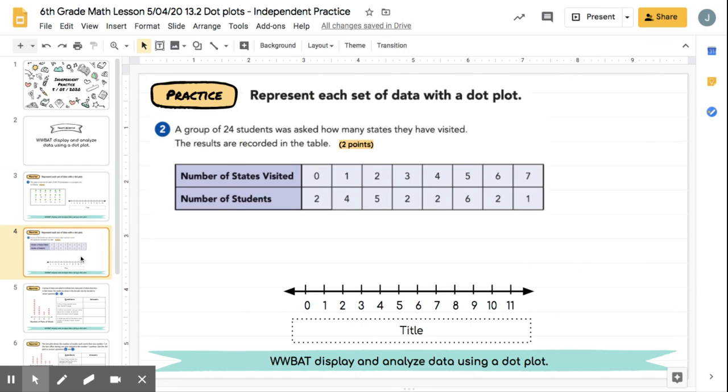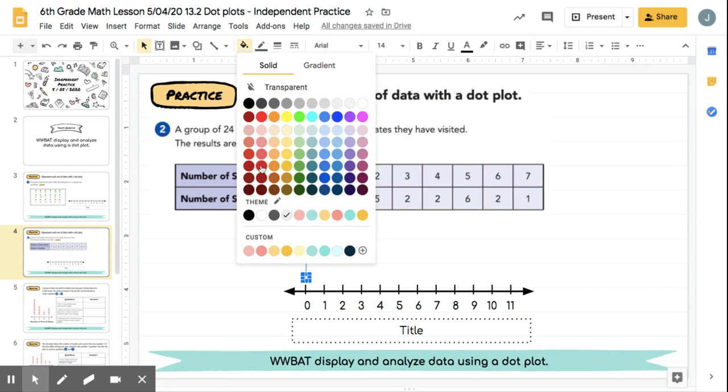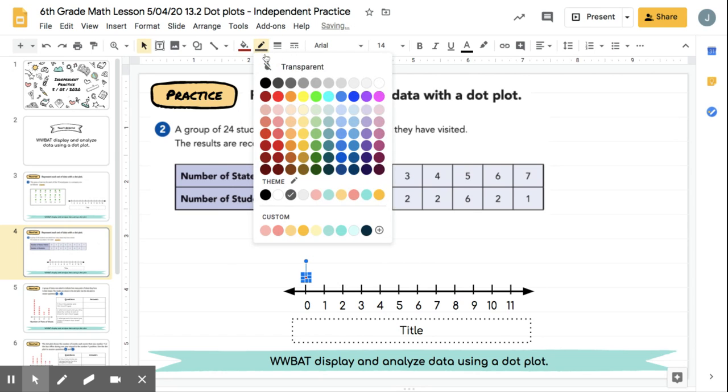The next question, you're going to do the same, but for this question, you're going to put your own dots. This is data that represents a group of 24 students that were asked how many states they have visited, and the results are in the table. So 2 people have visited 0 states, so you're going to put 2 dots on top of 0, and you can change this dot to be any color that you want.